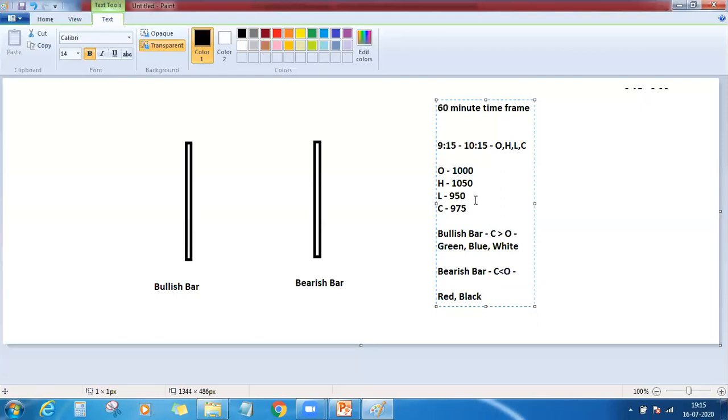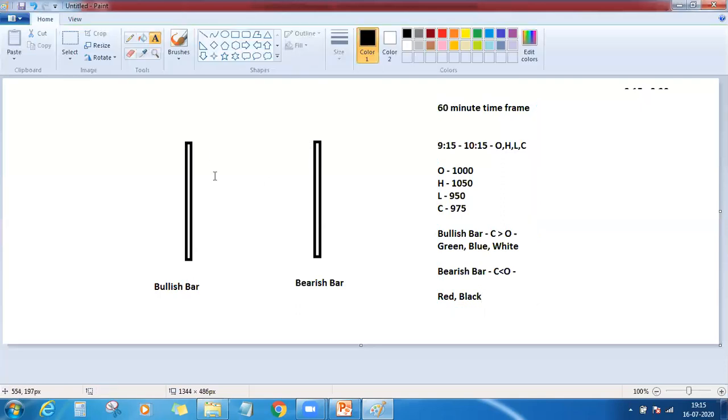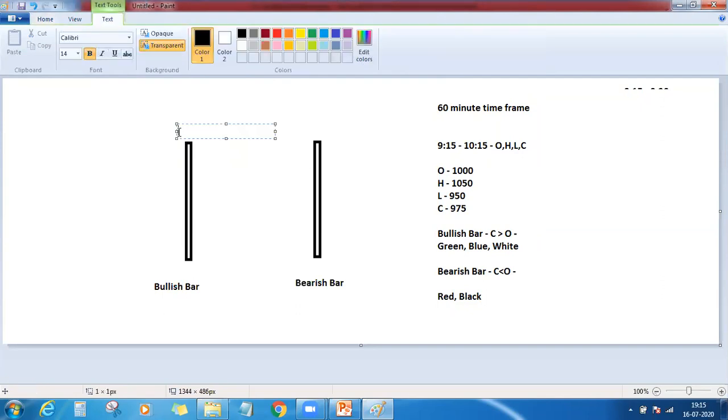Now these four components, I want to look at it in a single vertical line. So right now I have only two plain vertical lines. I want to convert this into a price bar now. So for both bullish and bearish bar, the high prices are written at the top.